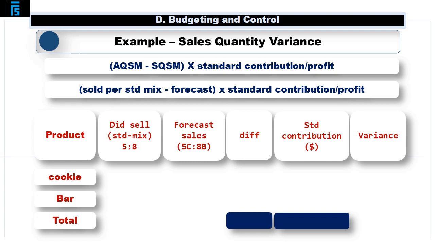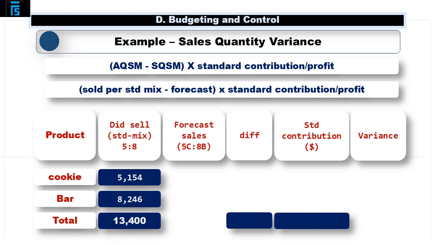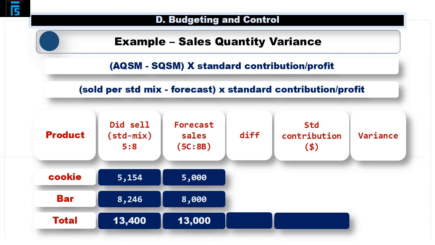The total volume sold in the proportions of the standard mix is 5,154 cookies and 8,246 bars, whilst the forecast figures were 5,000 cookies and 8,000 bars. This gives rise to a difference of 154 cookies and 246 bars. In both cases we have sold more than forecast, so the variances will be favourable.